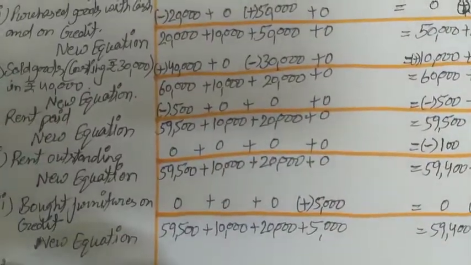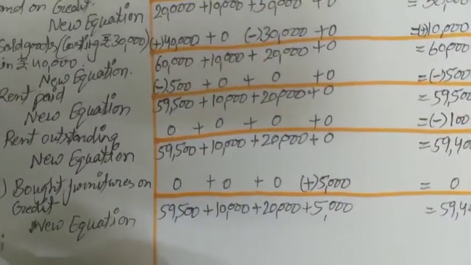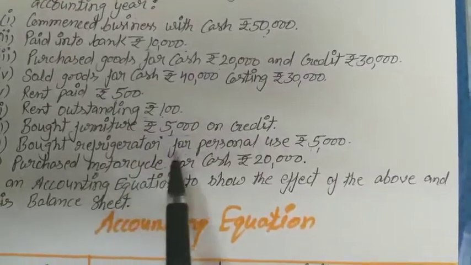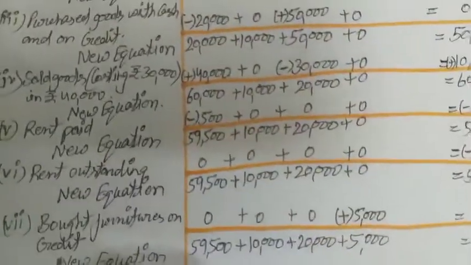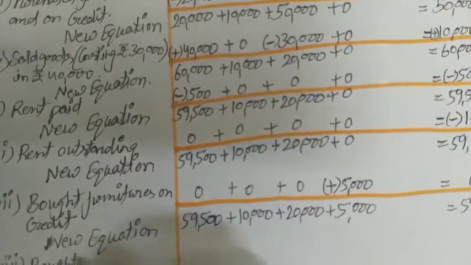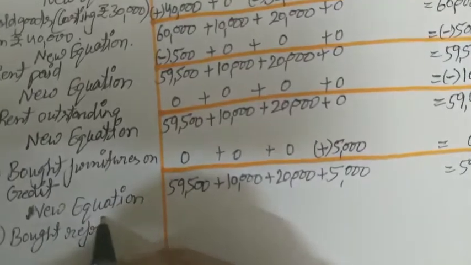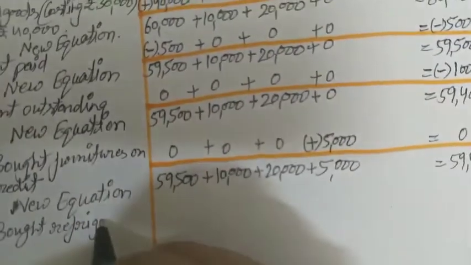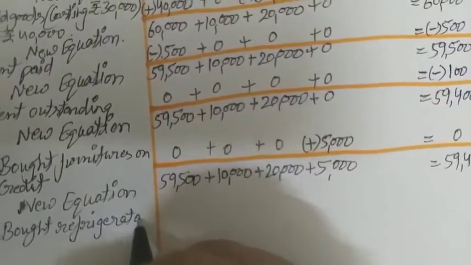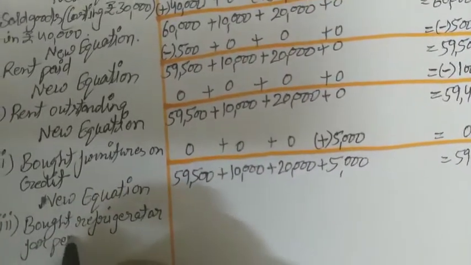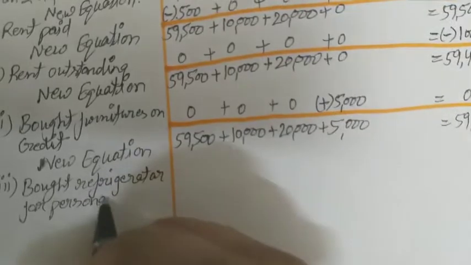Next transaction, eighth transaction. What are they saying? Bought refrigerator for personal use, rupees 5,000. Bought refrigerator for personal use.